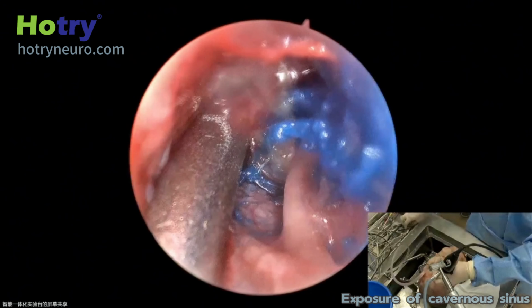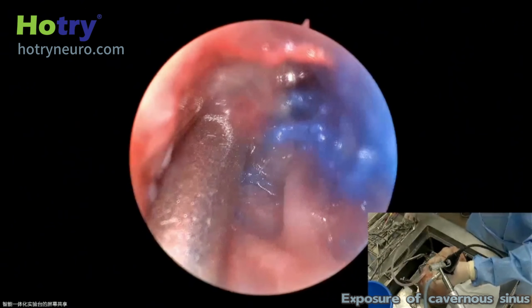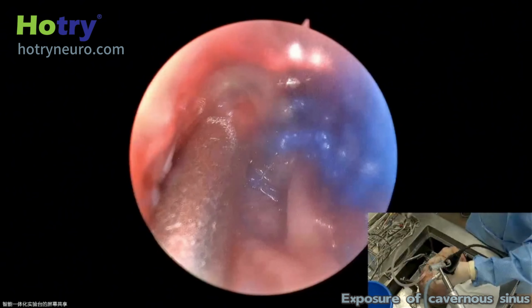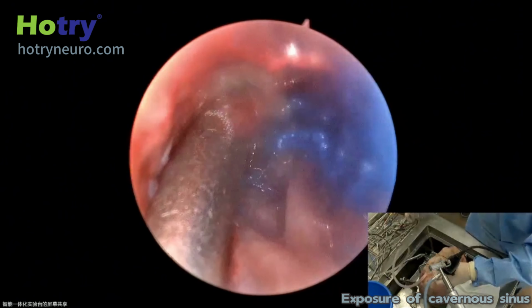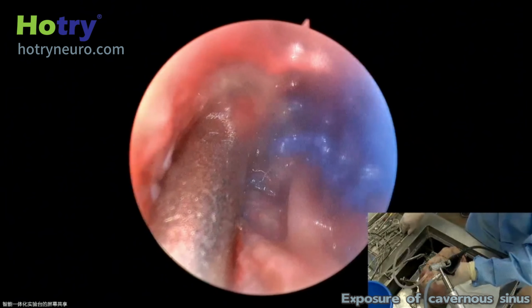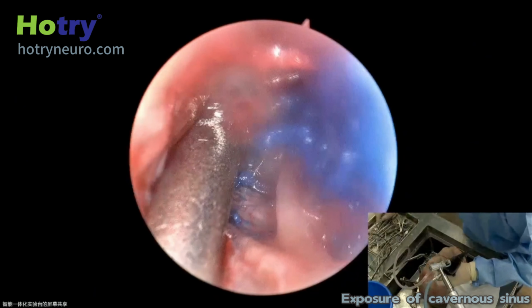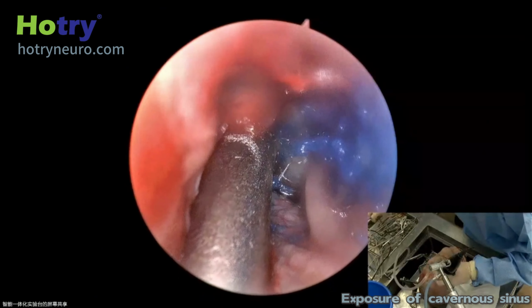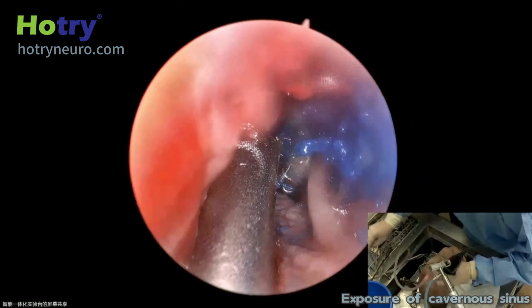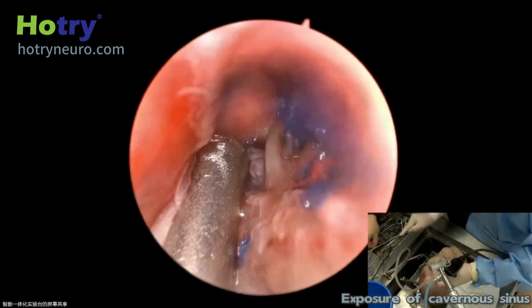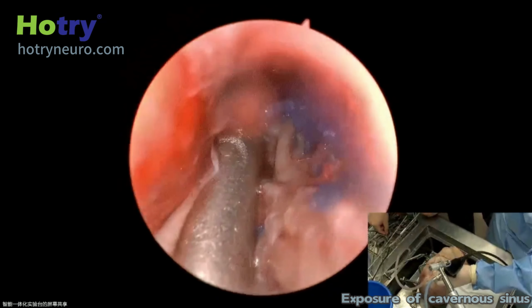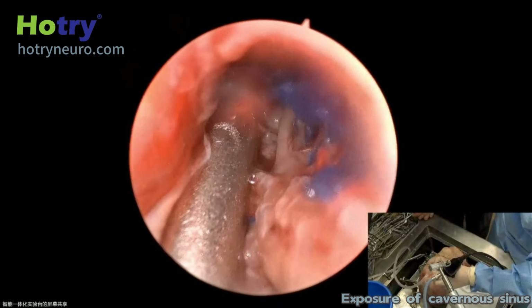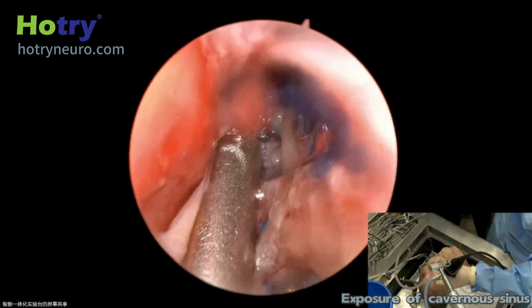So now I'm doing the dissection along the course of Dorello's canal.